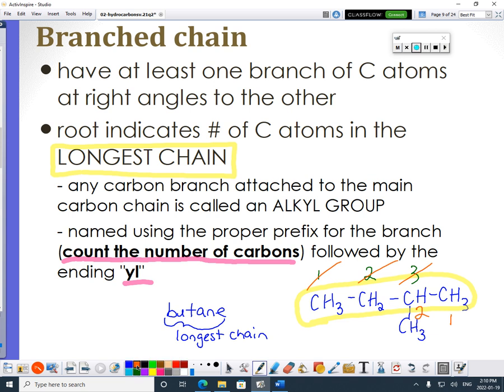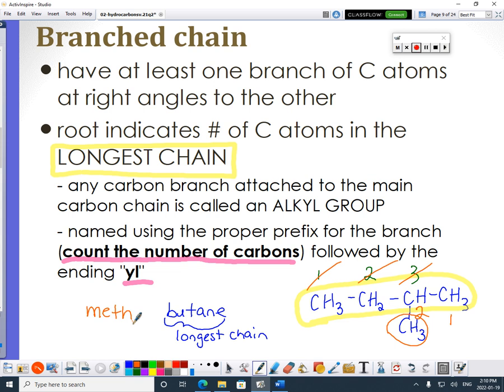I'll use orange. How many carbons are in the branch? Remember, we only ever care about carbons. How many carbons? 1. What's 1? Meth. Good. And I don't want to write methane butane because I want to show the butane is the parent.